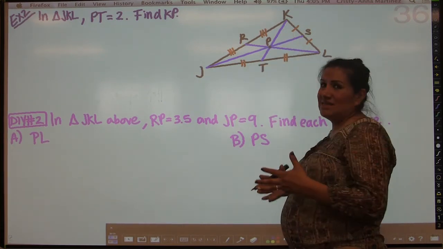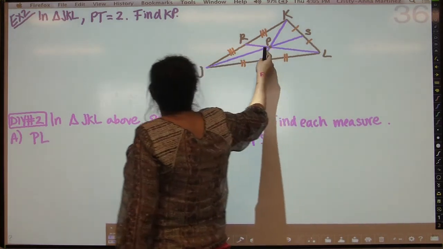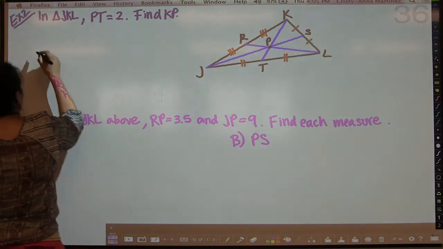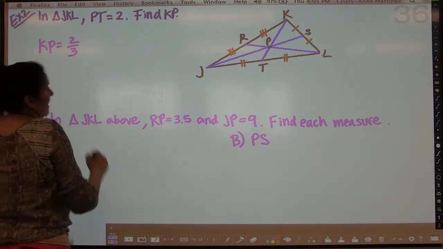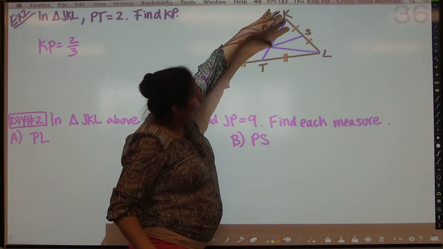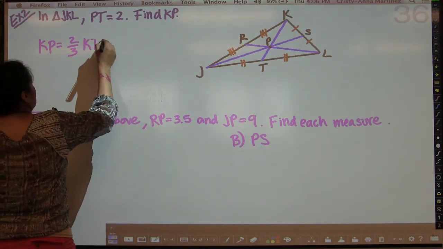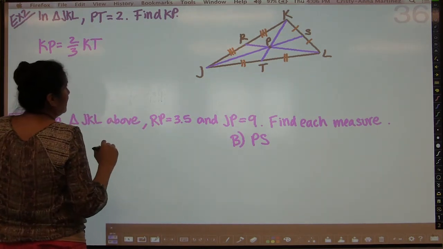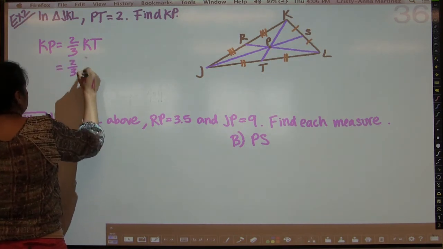So now that we know that it's actually the centroid, we can go ahead and say that KP is equal to 2/3. Now again, KP is the longer of the pieces, so KP is 2/3 of the whole, which is from K to T. All right, and then PT, so what we can do now is kind of do some distributive property.